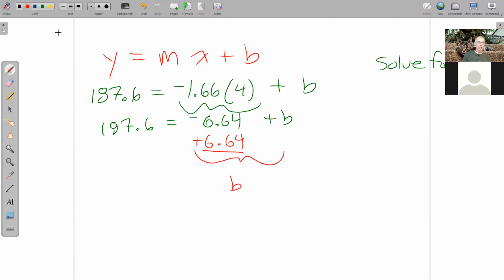Now I've got to do the same thing on the other side. I've got to add 6.64. And I feel pretty good about that. Without a calculator, that's a 4, 6 and 6 is 12, 7, 8 and 6 is 14. I think it's 194.24. I'm going to double check on the calculator.